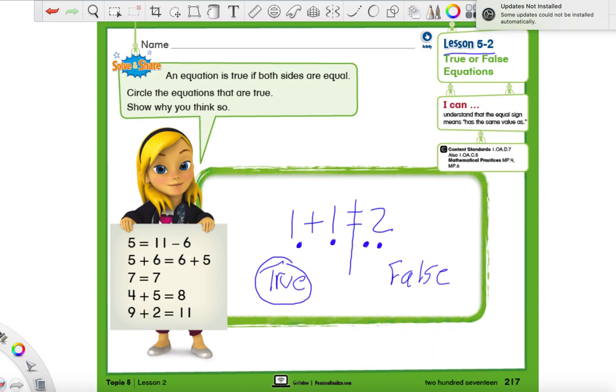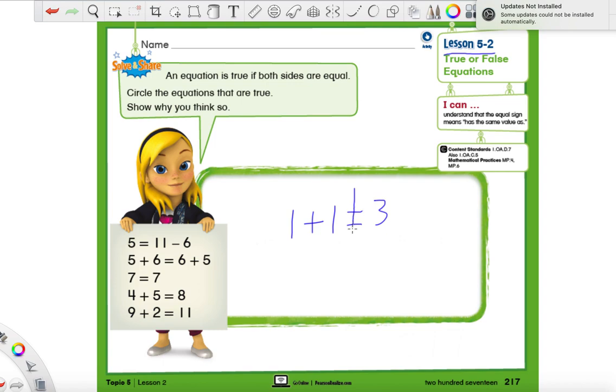Now, if I were to change one small thing, let's say that instead, I'm going to just take all this out real quick. Let's say that instead of 1 plus 1 equals 2, I wrote 1 plus 1 equals 3. And you might be asked, is this number sentence true or false?